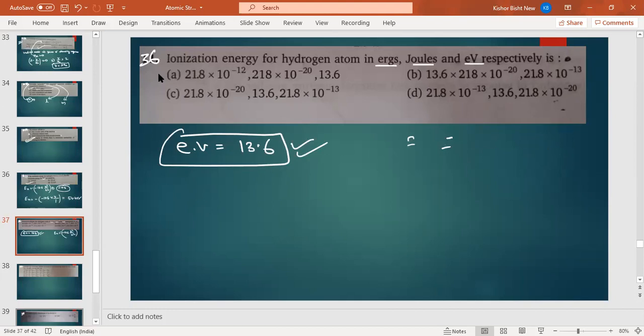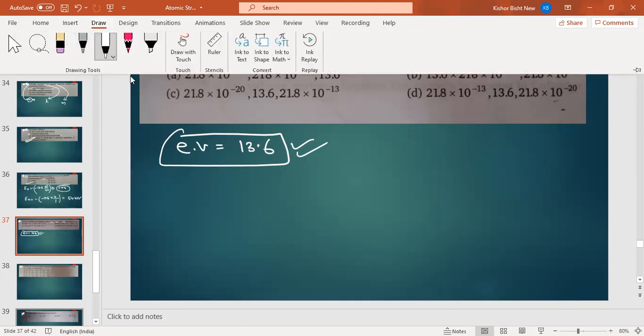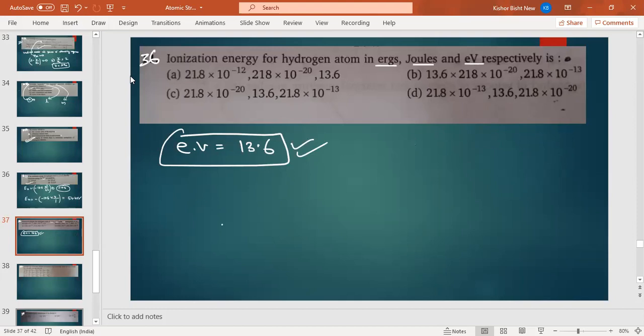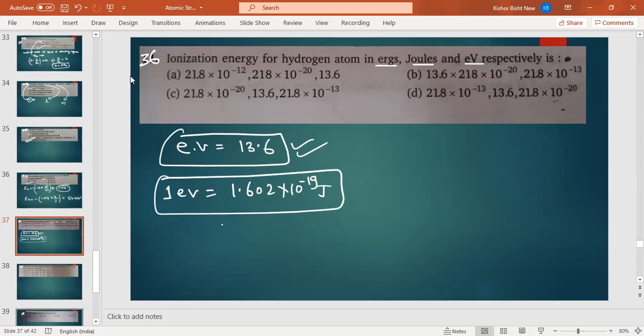Now, if we have written this, then come to the point again. You need to change the units. Now remember the point: 1 electron volt is equal to 1.602 into 10 to the power minus 19 joule. So whenever you are going to convert this electron volt into joule, you get 13.6 into 1.602 into 10 to the power minus 19 joule.